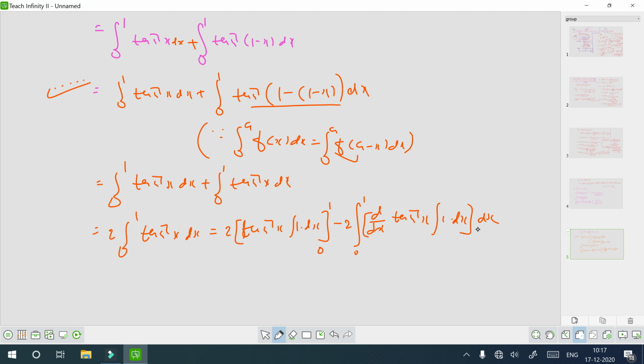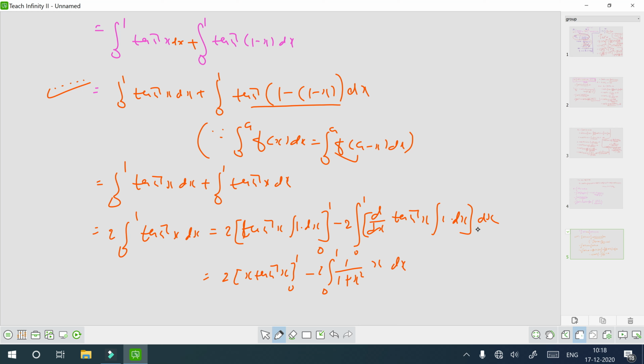Agree? That is equal to 2 x tan inverse x from 0 to 1 minus 2 integral 0 to 1 over 1 plus x square into x dx.